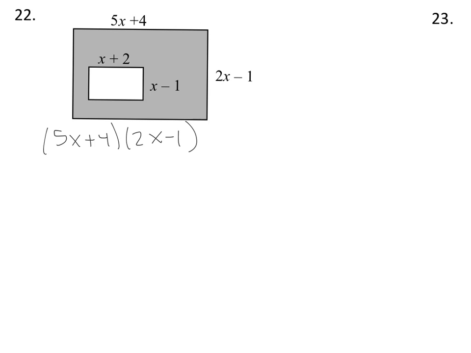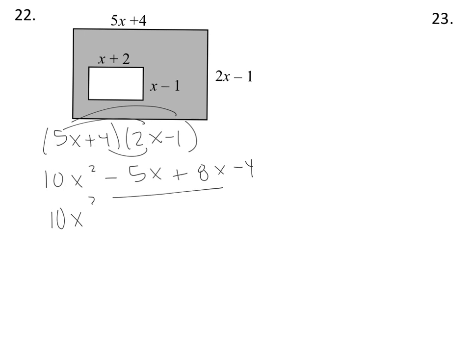I'm going to FOIL here, so I get 10x squared minus 5x plus 8x, oh, that doesn't look like an 8, plus 8x minus 4. And I'm going to combine the x's, and negative 5 plus 8 is 3. So I get 10x squared plus 3x minus 4 for the larger rectangle.